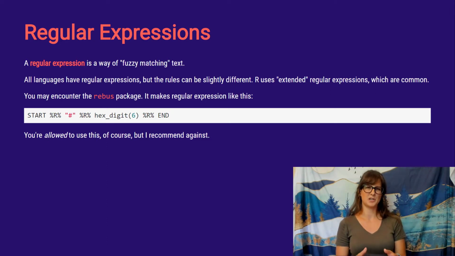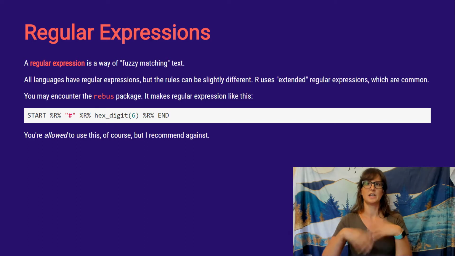Another thing you may run into if you Google for help on today's work is a package called Rebus. And Rebus, it's a nice idea. It's designed to make regular expressions a little more readable in R. So instead of constructing them with fancy symbols like I'm about to show you, you kind of write them out like words. Some people like this. Personally, I find this overcomplicates things. I find this harder to read than just getting used to regular expressions, after which you can figure out almost anything.